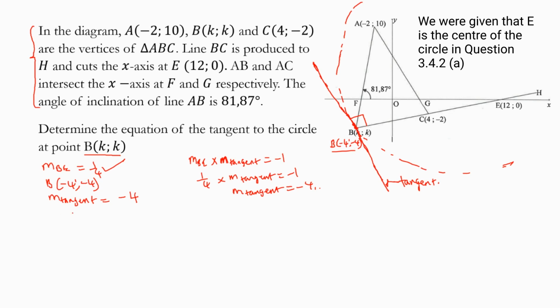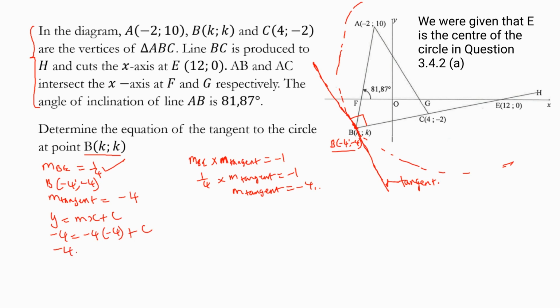So we use our equation of the straight line, y is equal to mx plus c. Then we substitute our gradient and the coordinates of B. So negative 4 is equal to negative 4, which is the gradient, times negative 4, the x coordinate of B, then plus c.